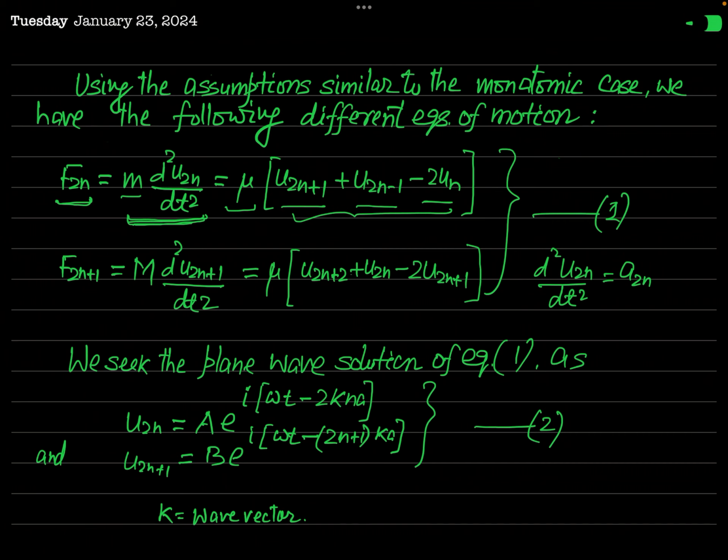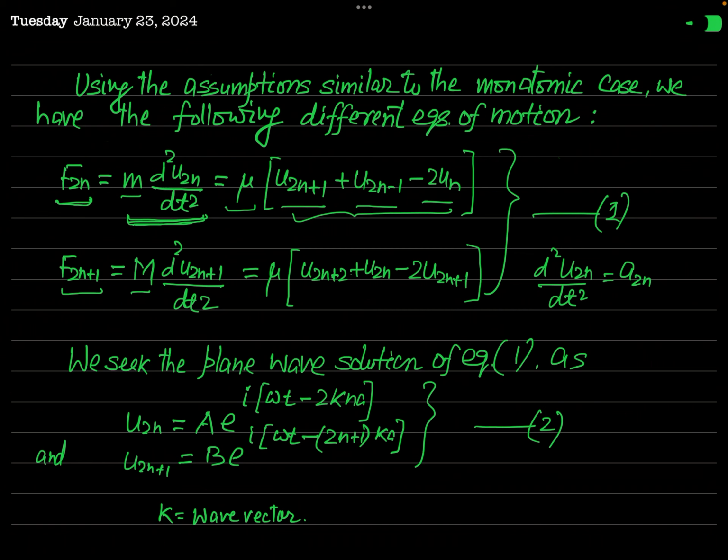In a similar manner, if you assume that the restoring force or the elastic force acting on the 2n plus 1th atom is F2n plus 1, then that will be equal to the mass of the 2n plus 1th atom, which is capital M, times its acceleration.